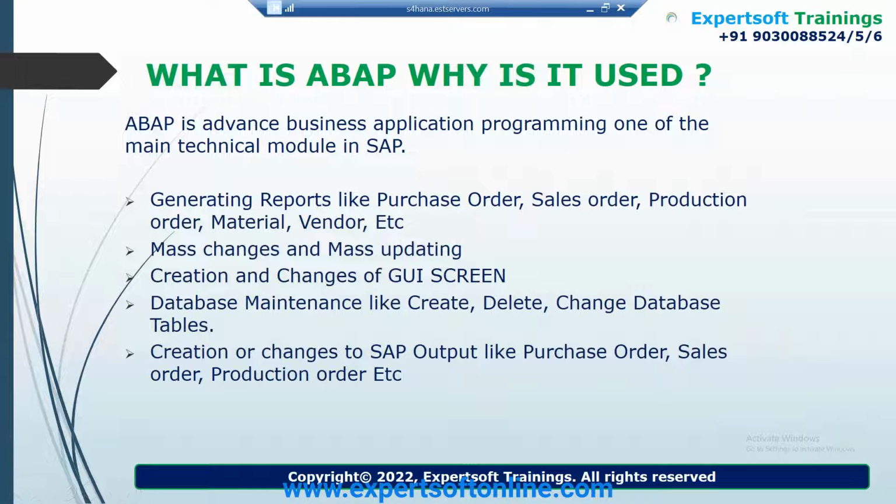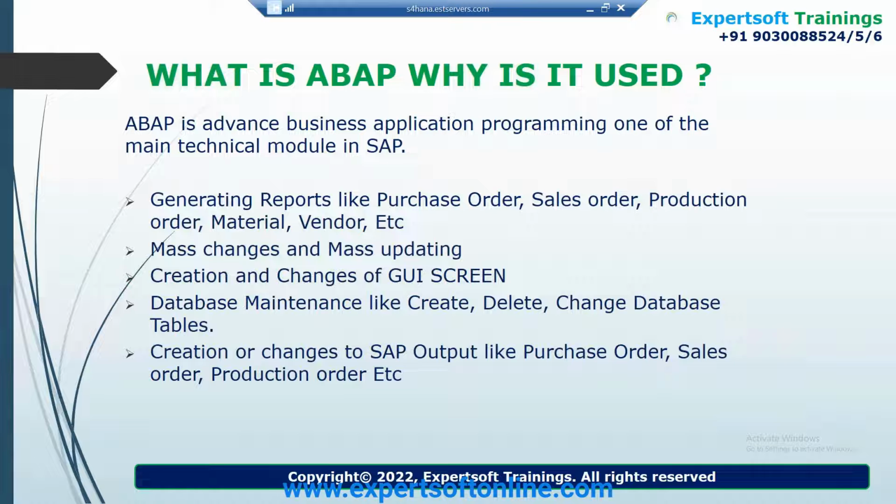Okay, mass changes and mass updating. Mass changes means you have a lot of data in Excel that you want to change in the ERP. So real-time processing is why SAP is chosen. Once your data is transferred to the tables in SAP, you can change the data in those tables and update it in real time.